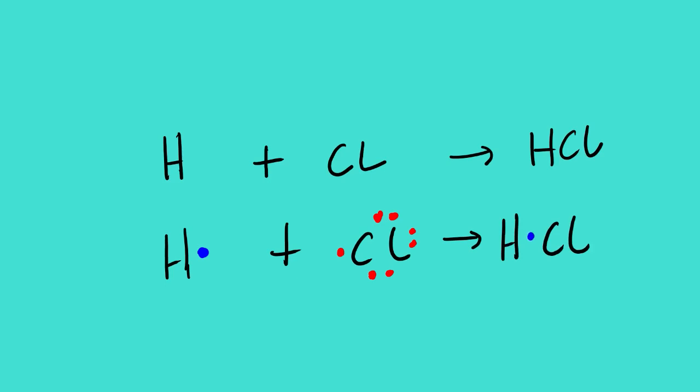It's 1 electron from hydrogen bonding with 1 electron from chlorine. So looking at hydrogen, it has reached its octet state because it has 2 electrons. Now looking at chlorine, it has also reached the octet state because it has 1, 2, 3, 4, 5, 6, 7, 8 electrons.